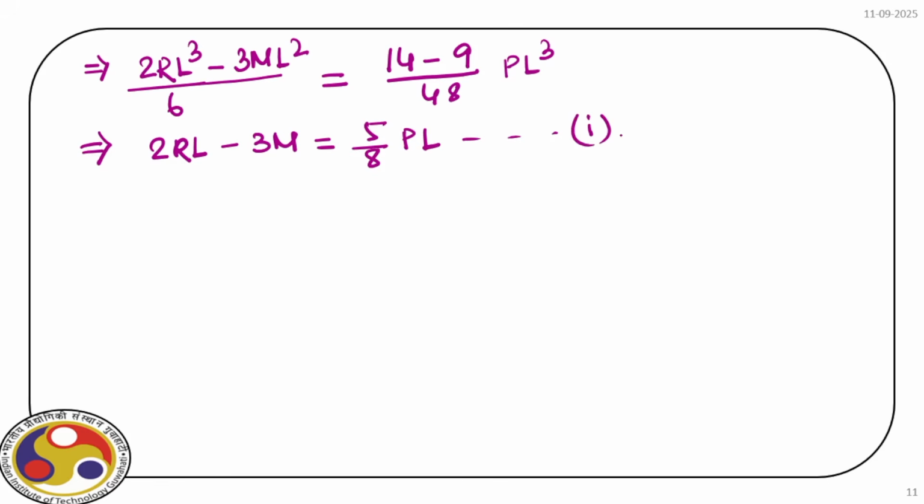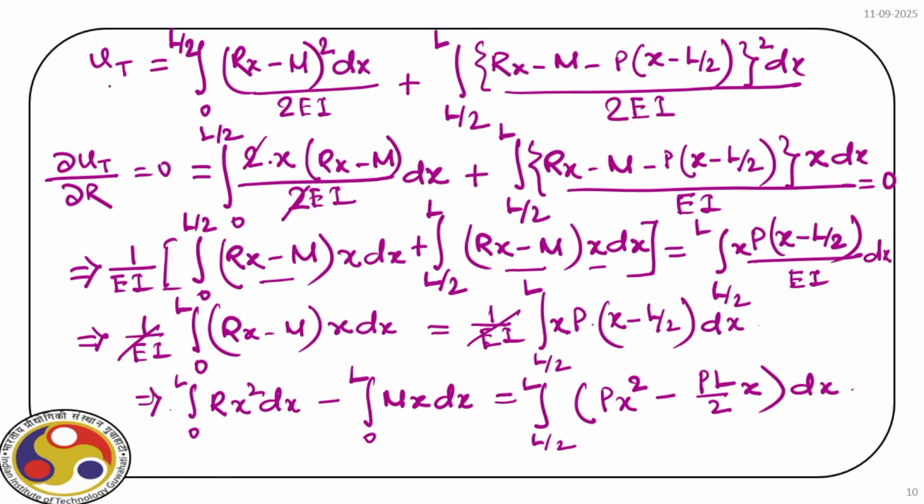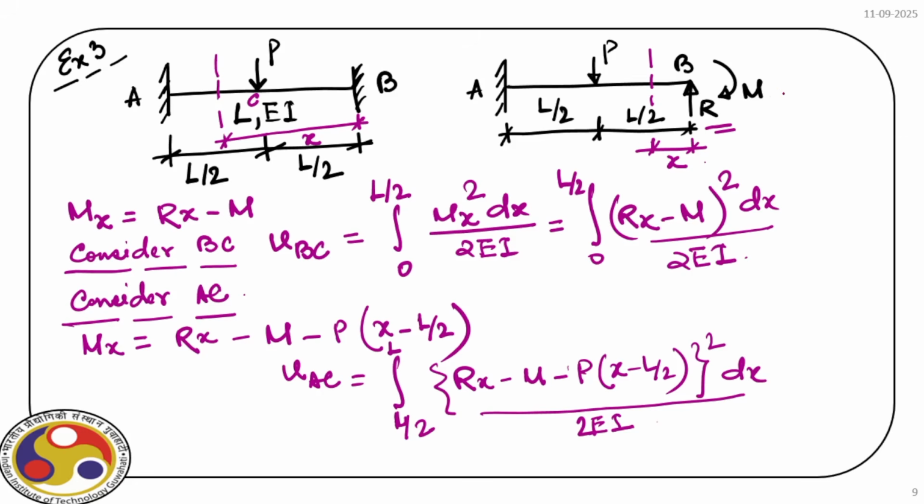Obviously, because we have two unknowns R and M, we have to develop one more equation, and that will come from the same UT, as you can see here, and this time we have to differentiate with respect to M, because we have applied a dummy moment here.